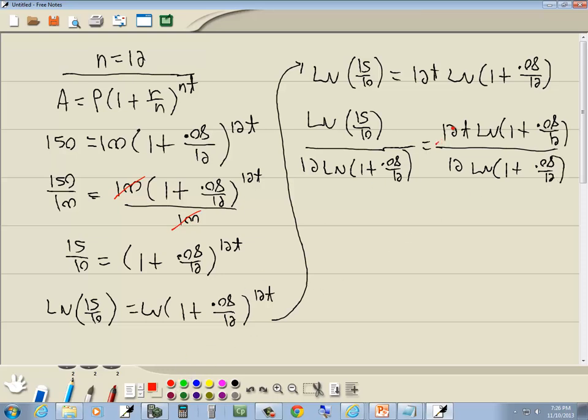When we do that, the 12s are going to cancel, and the natural logs of 1 plus 0.08 divided by 12 will cancel. And we've got t is equal to this, and again the trick is to put parentheses around the bottom part. Anytime you have more than a single number, a single variable, or a single log on top or bottom, you have to put parentheses around it.